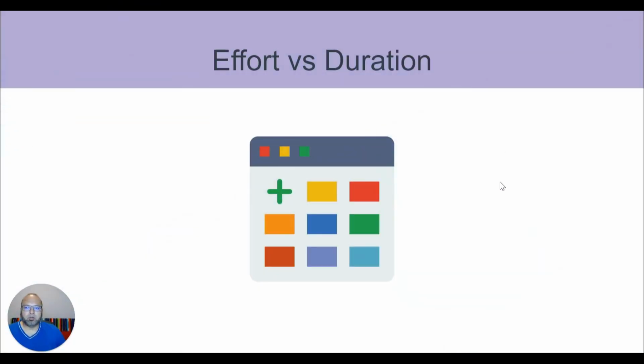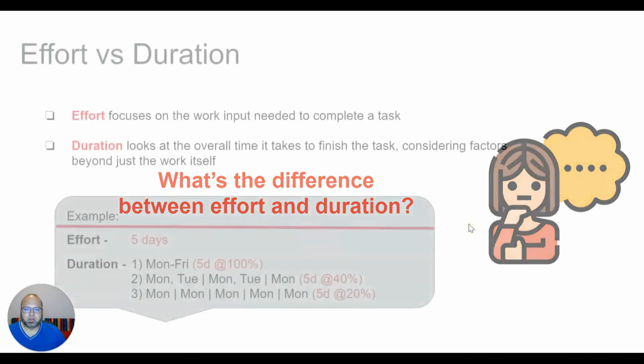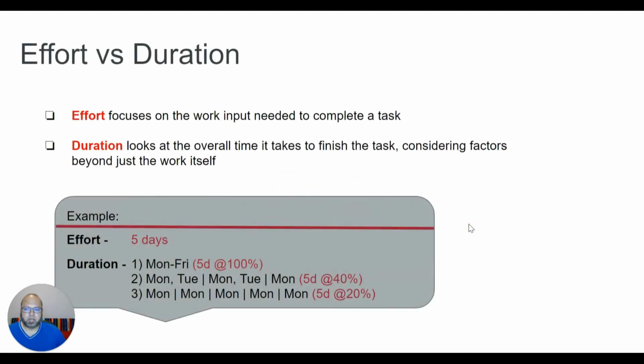So in project management, one of the things that gets really confusing is when people talk about effort versus duration. The difference between effort and duration is that effort is just something that's going to take you to complete a task. Duration, on the other hand, is the time it will take you, taking into consideration other factors beyond just the time it will take you to complete. So let's give you an example.